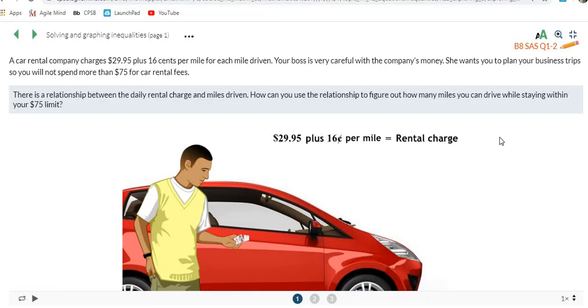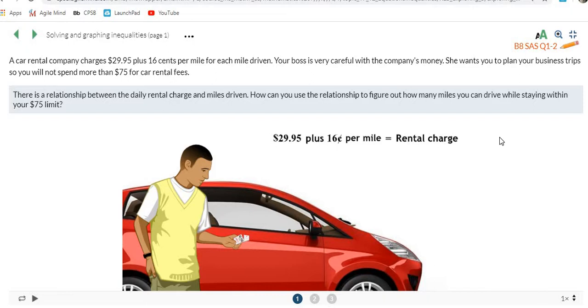So we have this example of a car rental company charging $29.95 to rent a car. So just to rent the car, it costs $29.95. Then it says plus 16 cents per mile. So every mile that I use that car, I have to pay 16 cents.